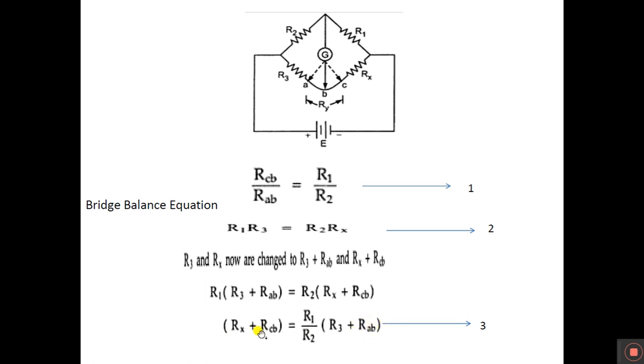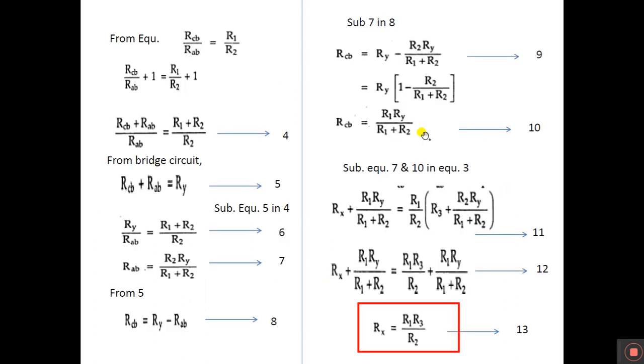I am going to replace this RCB and RAB with the derived values. Once I substitute these values in expression 3, I get Rx plus R1 into Ry divided by (R1 plus R2) equals R1 divided by R2 into (R3 plus R2 into Ry divided by (R1 plus R2)). Now keep this left hand side value as it is.